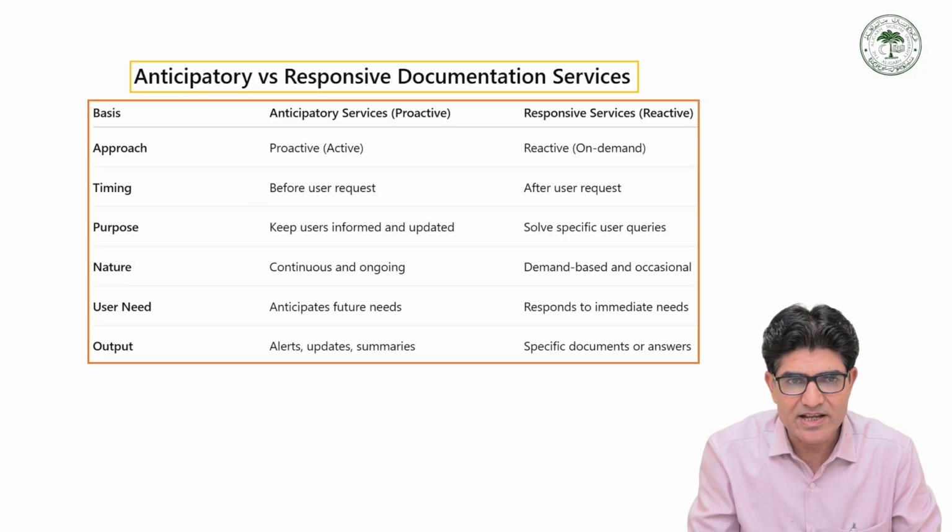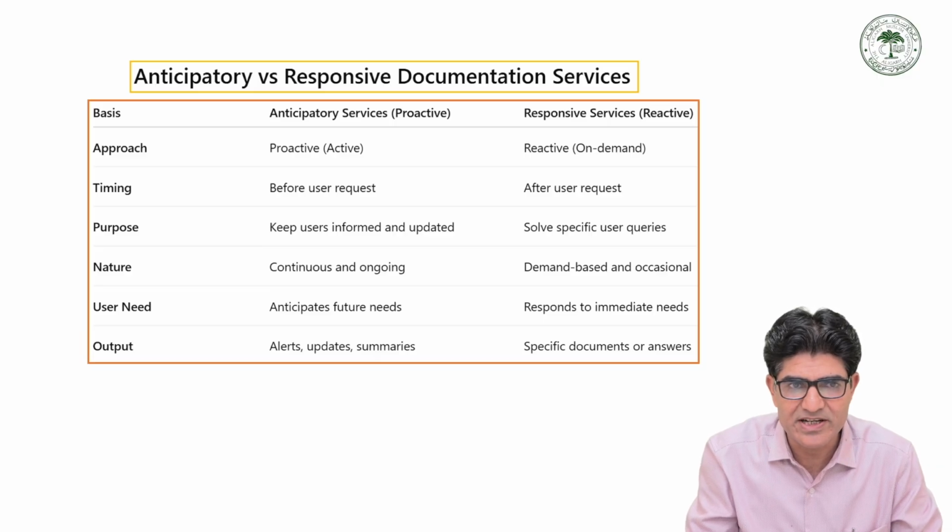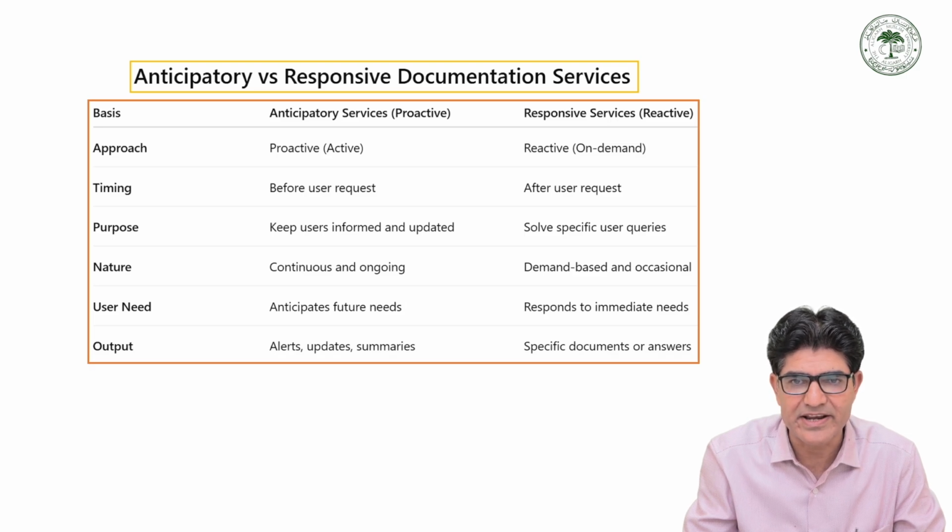Now, we can differentiate both categories of services, anticipatory or responsive documentation services, on the basis of different parameters. If we talk about the difference on the basis of approaches, proactive service is the active service, and responsive services are reactive or on-demand services.